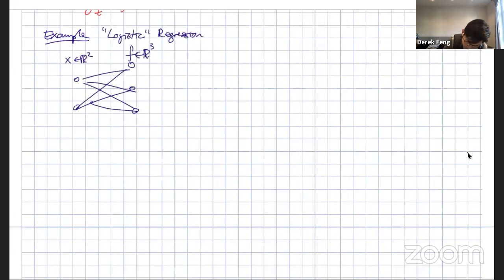Sort of. So this should be familiar. What we have is these 2 points. X is in R2, F is in R3. And I'm going to define my loss function as L equals 1 over n, the sum from i equals 1 to n of Li, where Li is the probability of y equals yi given xi.